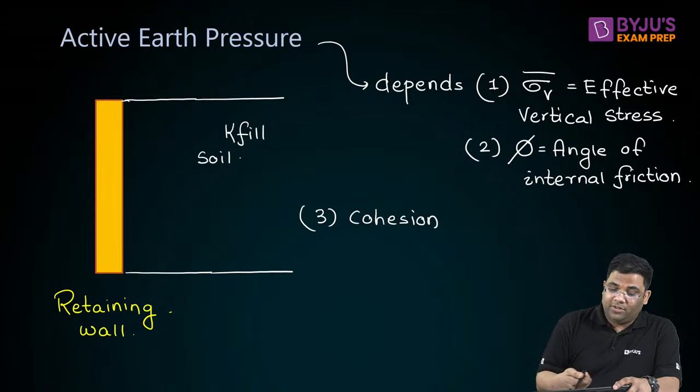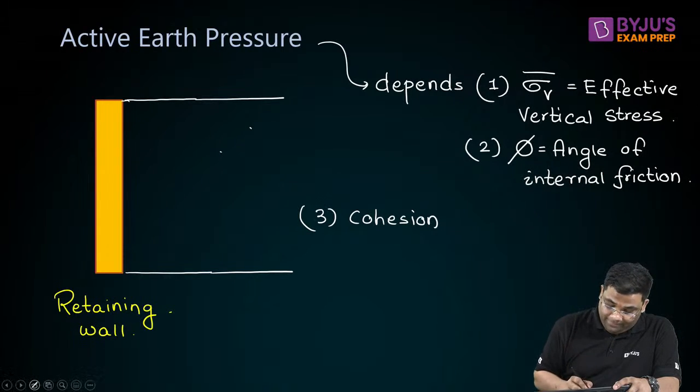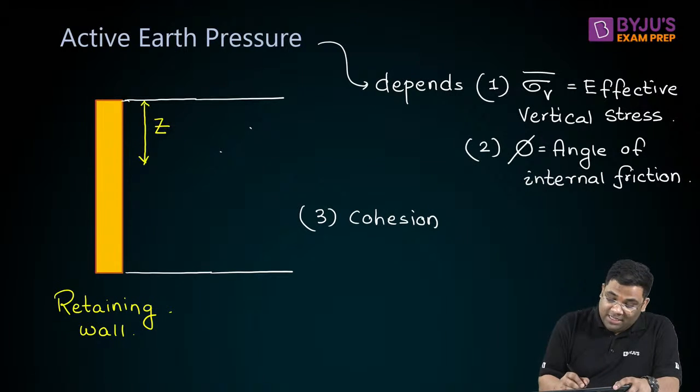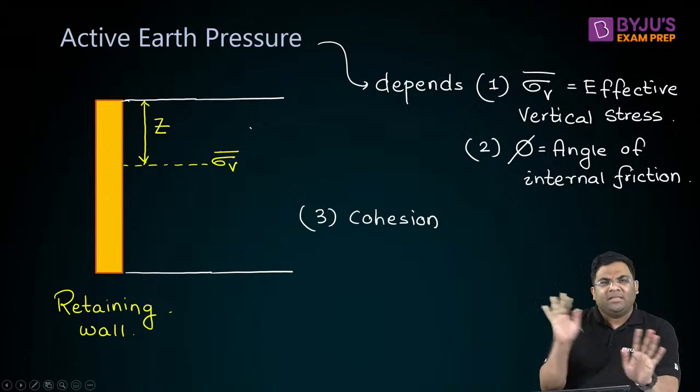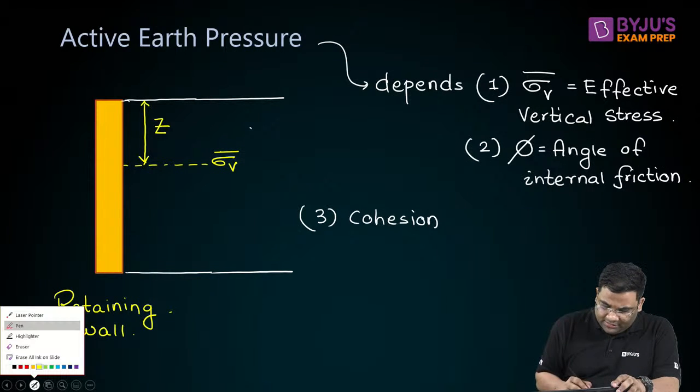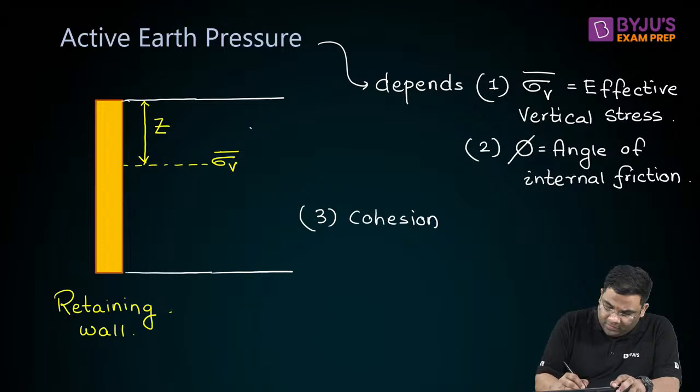Suppose you are looking at a particular depth Z. At depth Z there will be some vertical stress, sigma v, and its direction will be downward.